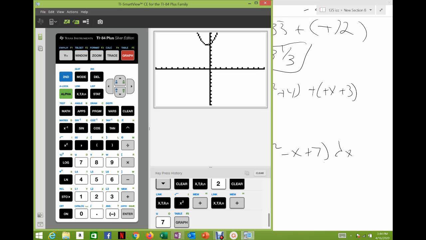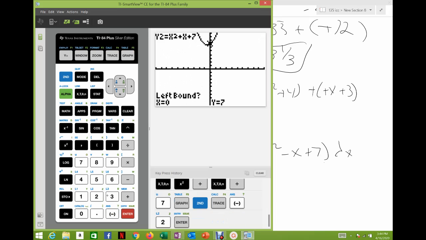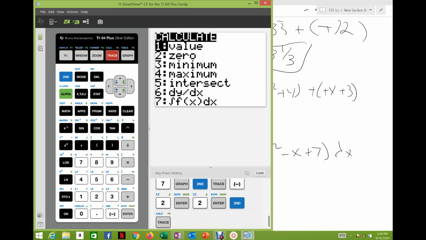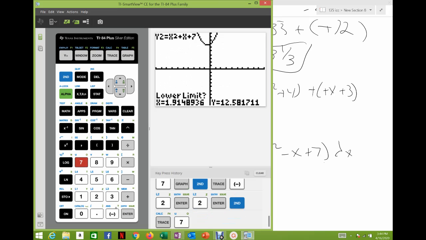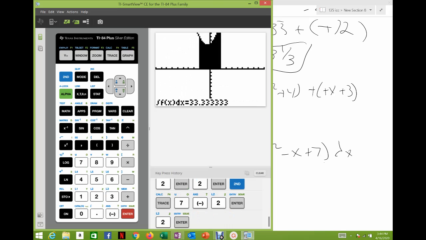It's different, right? It's not on the origin anymore. I'm going to integrate it between my values, -2, +2, and it shades in a new area.